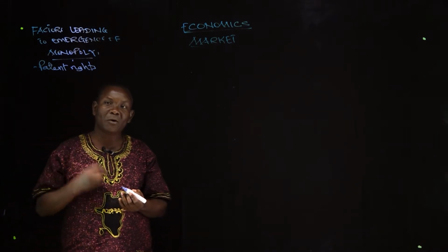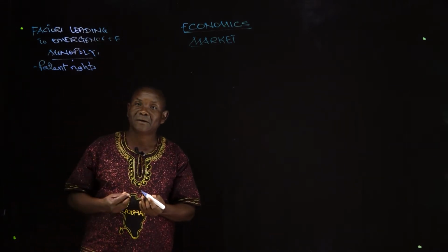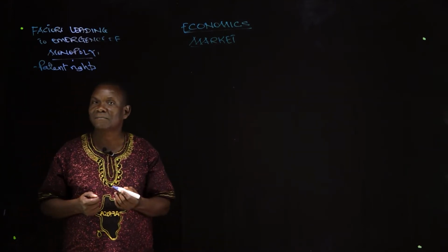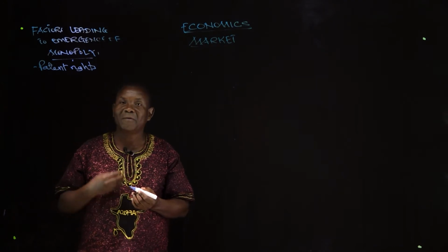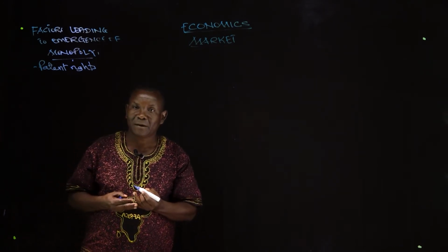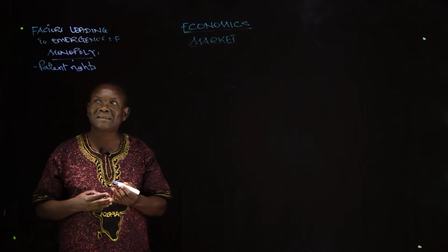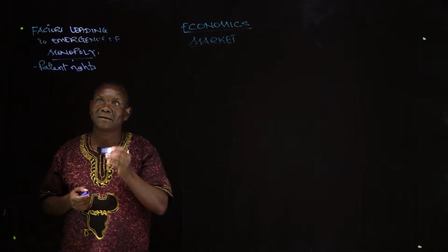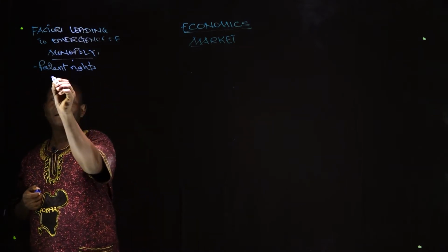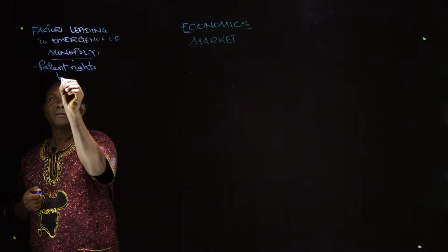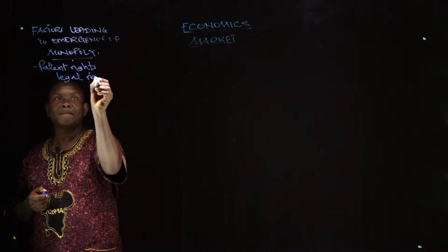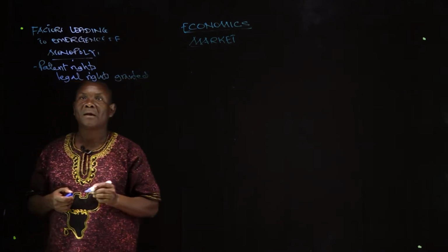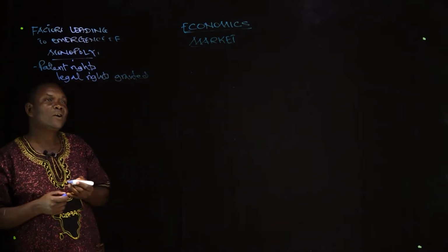You produce a certain commodity and you have the right to a monopoly of that commodity. You have the artists, the musicians, authors of books. They have the patent rights for their goods. They are given legal rights.